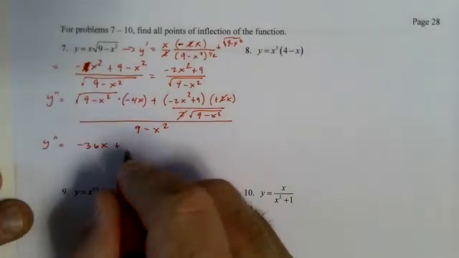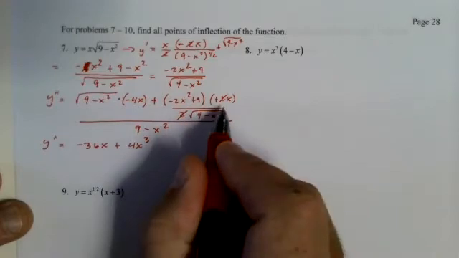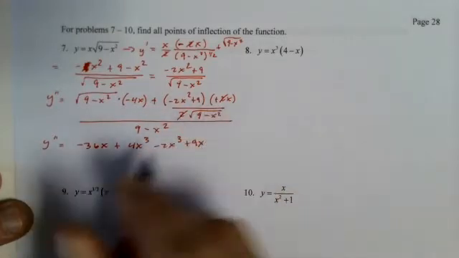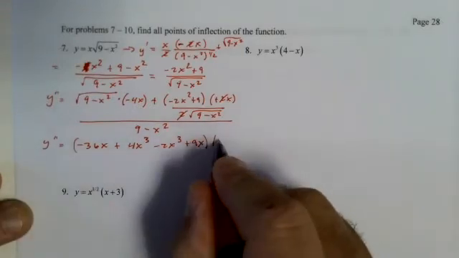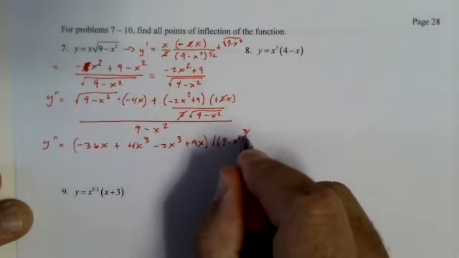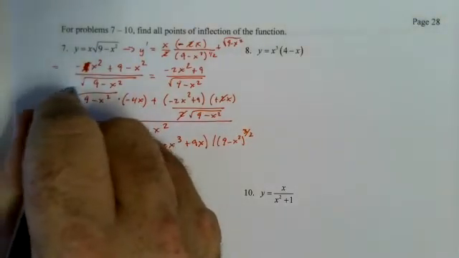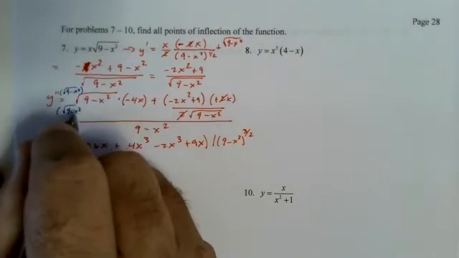Negative 36x plus 4x to the third, minus 2x to the third plus 9x, over 9 minus x squared to the 3/2. So I went with common denominator here. Root 9 minus x squared over root 9 minus x squared.